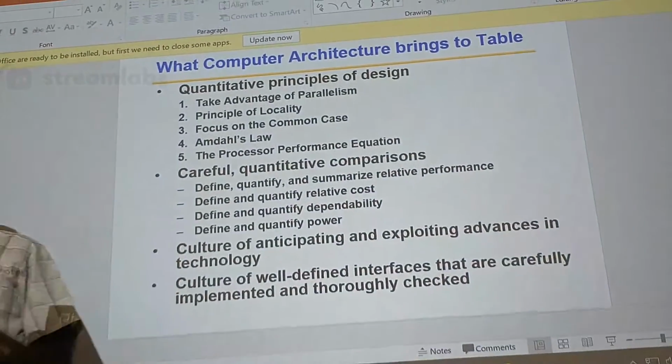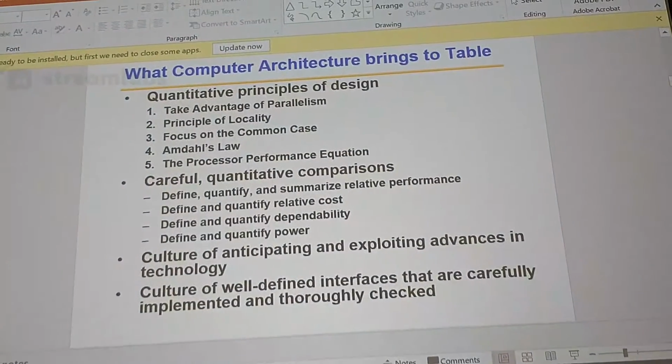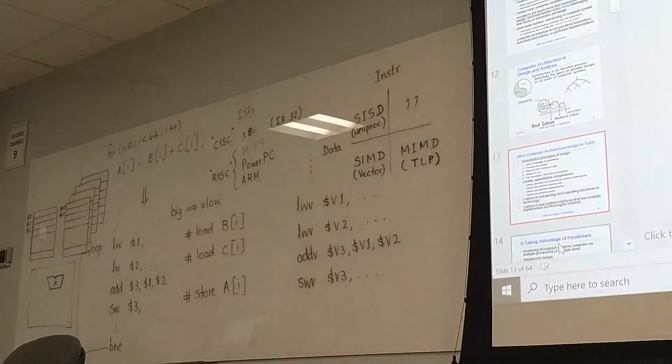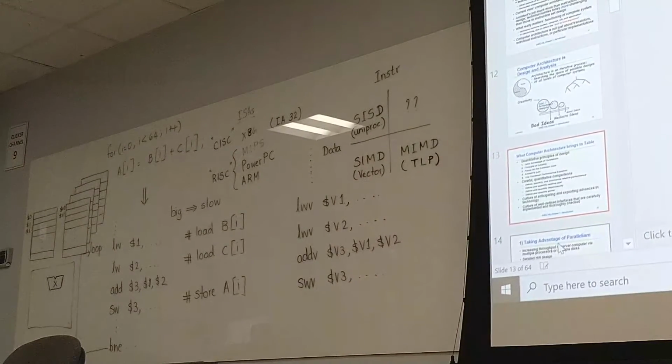Then the fourth is called Amdahl's law, and he was also from IBM. He gave a pessimistic view of multiprocessing.